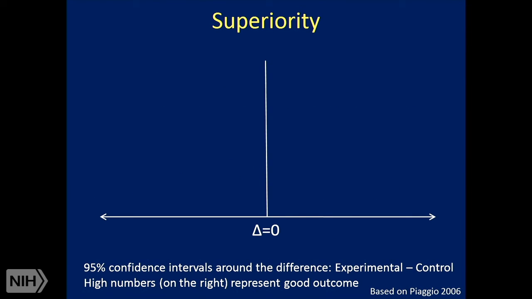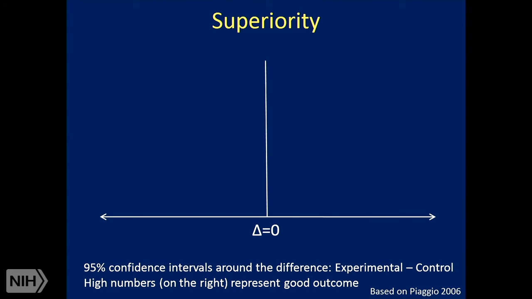So, in a graphical way, let's say the difference is 0. This is the vertical line. And so I'm going to show you a 95% confidence interval around the difference from the data, from the experiment. So I'm showing you experimental minus control. And high numbers on the right represent good outcome. So if the difference is on this side, it means the experimental is better than the control.